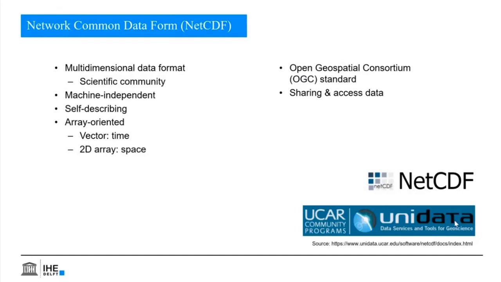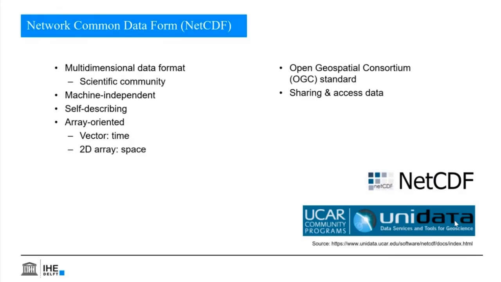It's machine independent, which means it can be used in any kind of operating system. And usually the NetCDF files that have been shared by the community will be self-describing, which means they contain all the information about the data sets, all the metadata that we looked at in the previous slide.